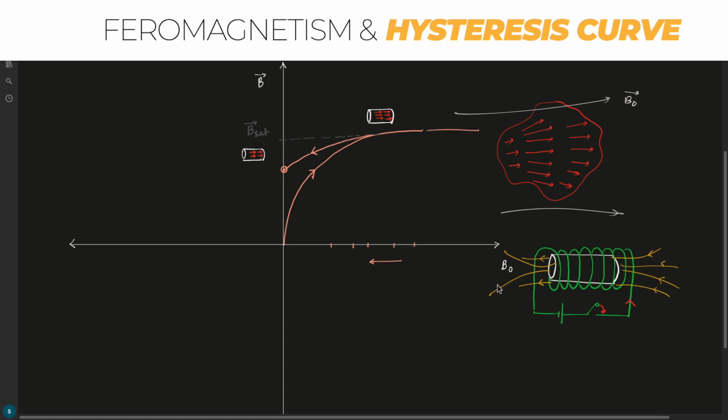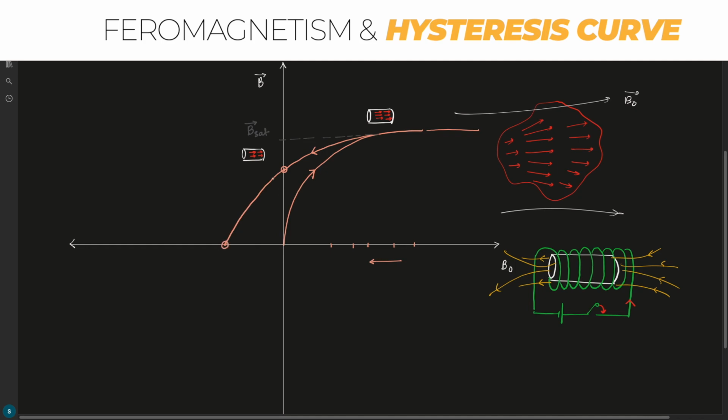So as we can see, we have changed the direction of the external magnetic field, and what we can expect is that this external magnetic field will try to neutralize the internal magnetic field, and this curve will come back. At some point over the x-axis, it will become zero.